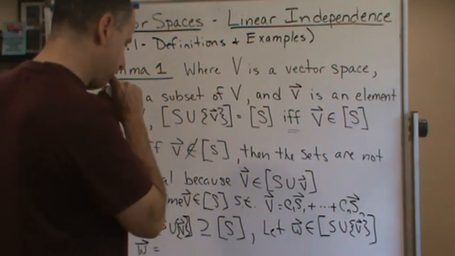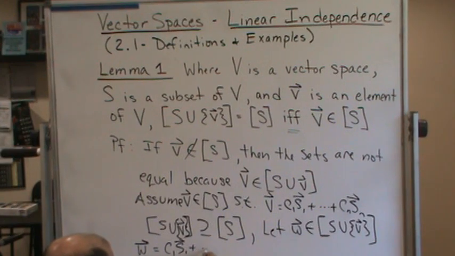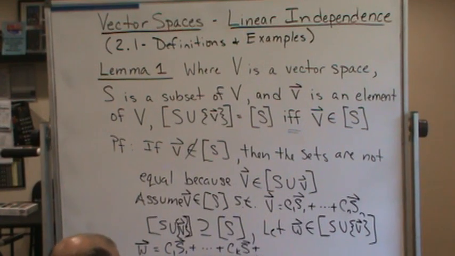Okay, so now, here's how we'll do this. We'll say it's c1 s1 plus dot dot dot plus c sub k s sub k. Oh no, I'm sorry, hold on a second.